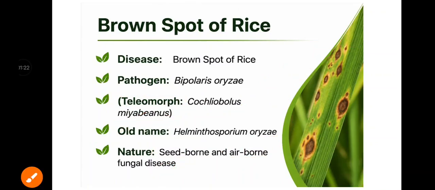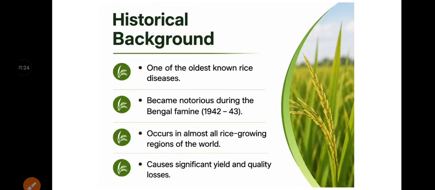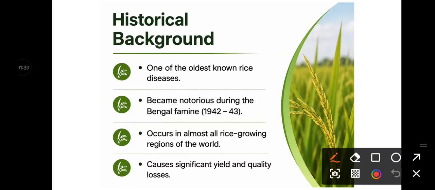Next, the historical background. This disease is very famous because it was the cause behind the Bengal famine. You might have heard about the Bengal famine, in which 2-3 million people died of starvation.